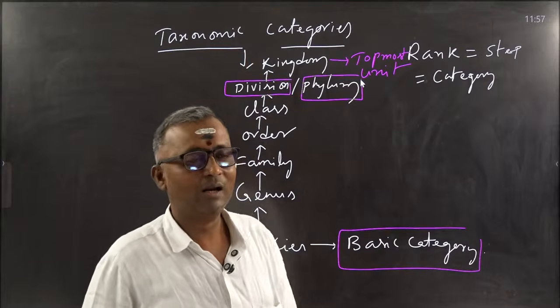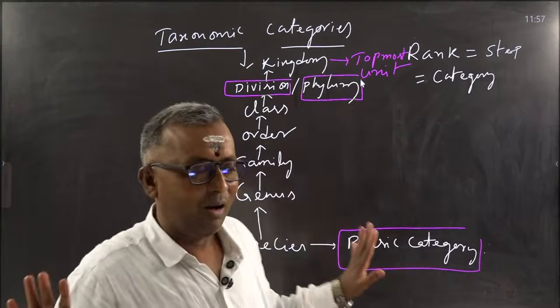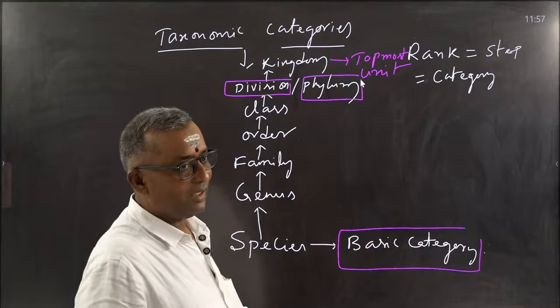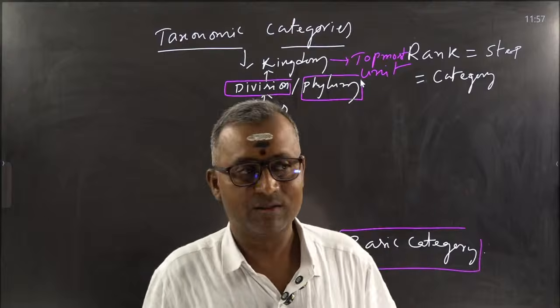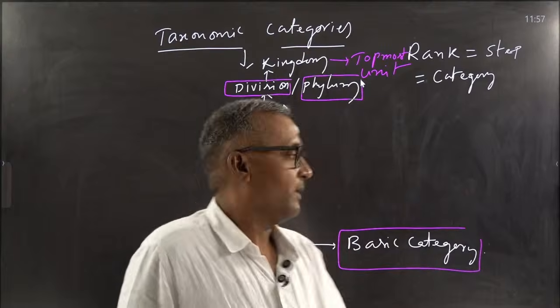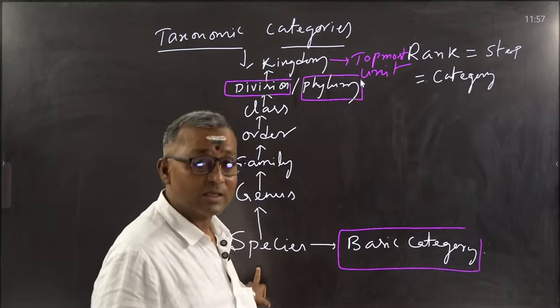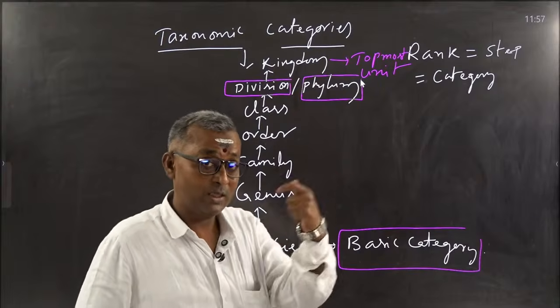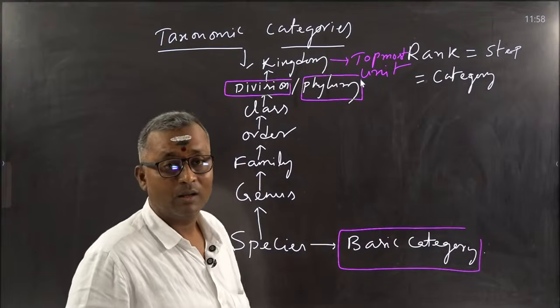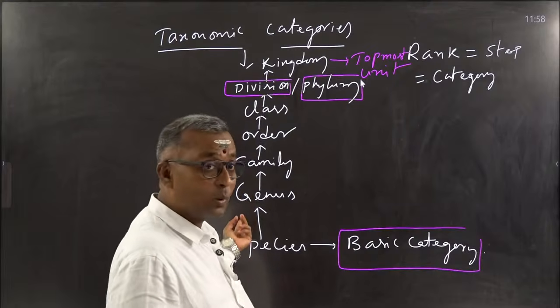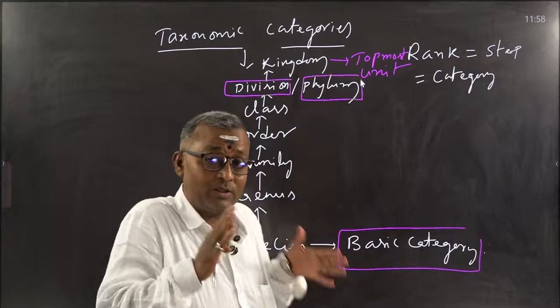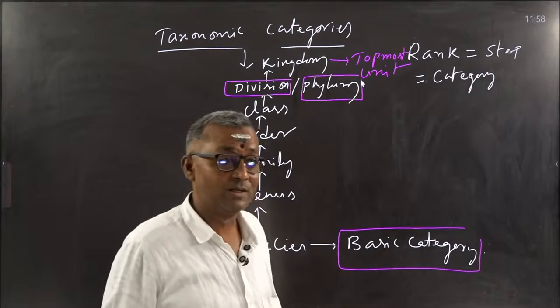Of course, here I am not giving all the details of every category. Once you come to the offline classes, we are going to discuss in detail what a species is, how a species is identified, what its significance is, how it is included in a genus and how a genus is divided into different species.